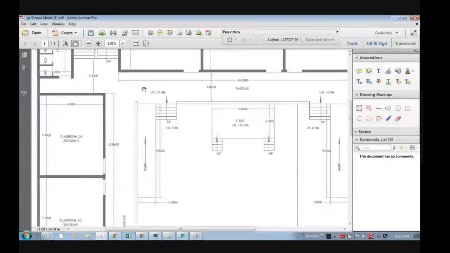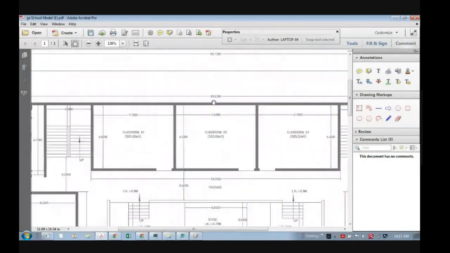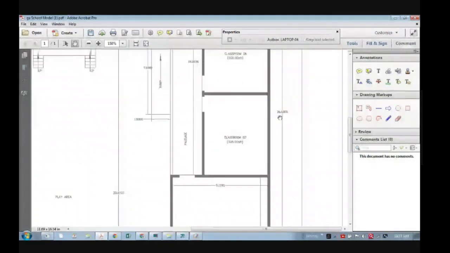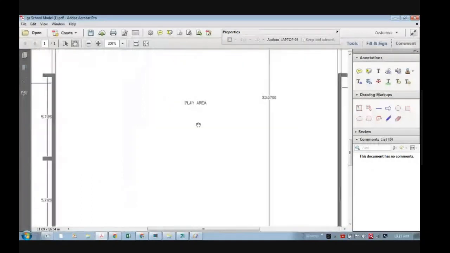First of all, you understood that the purpose is a school building. Now you can see what the dimension of the building is. Let's say the total dimension: this width is 39.6 something, and the height, meaning length, is 36.6. So this is the overall dimension. Then you can see there is some play area in between.